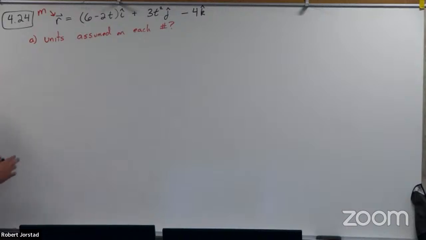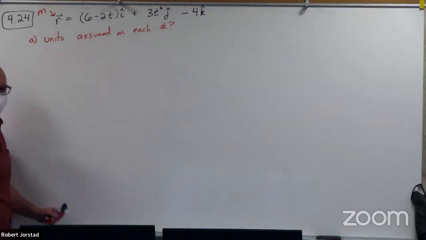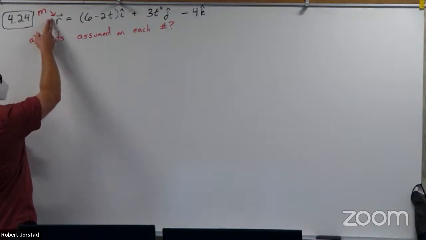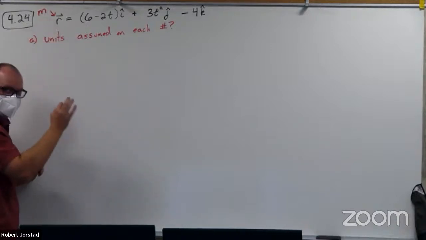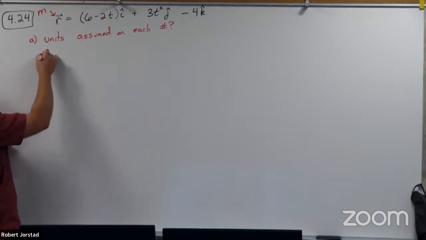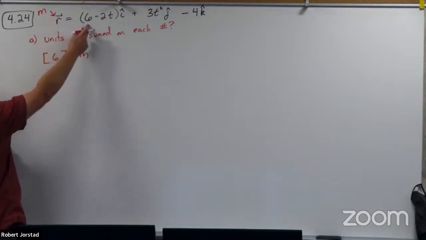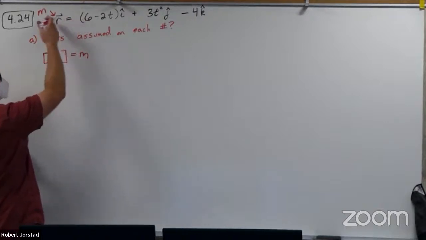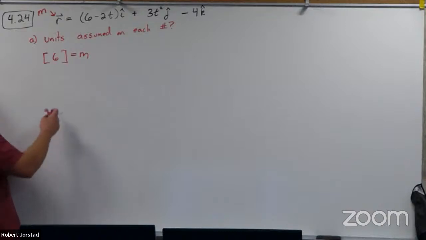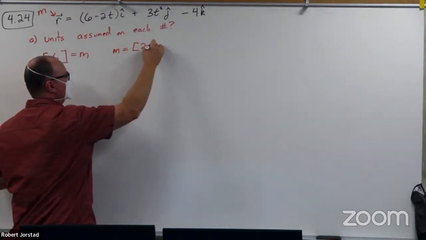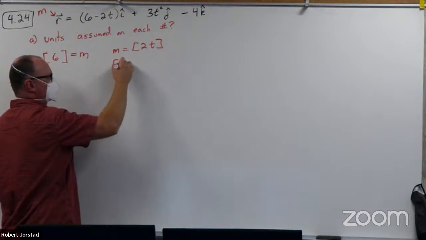Now, how do I figure out the units on any of these other terms? If you recall, the units of one term must be equal to the units of any other term. So I can do these terms one at a time. The units of 6 have to equal meters. Otherwise, I'd be adding apples to oranges. Meters has to equal the units of 2t. So what are the units of 2?